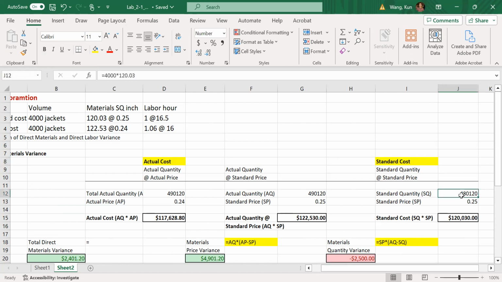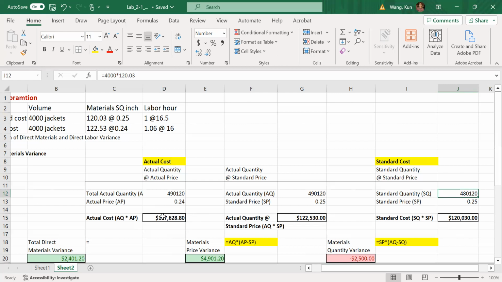And for this one is the 4,000 multiplied by the standard material per jacket. And then apply the standard price, which is 25 cents. So we got the standard total cost, which seems to be higher than the actual cost, right? So 120 something and 170.